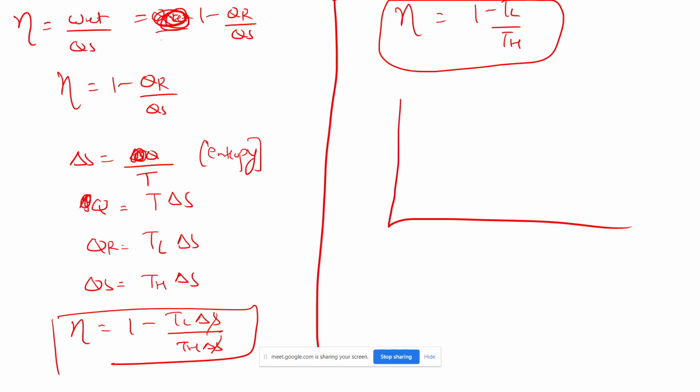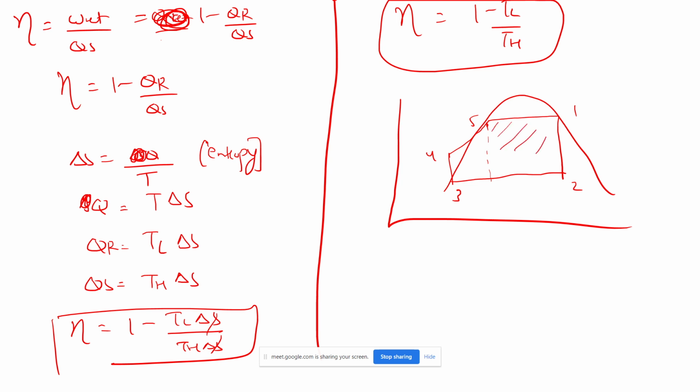Now we will draw again that same curve, with points 1, 2, 3, 4, 5. At which temperature is heat added in the boiler, and in which cycle is it higher, Carnot cycle or Rankine cycle?